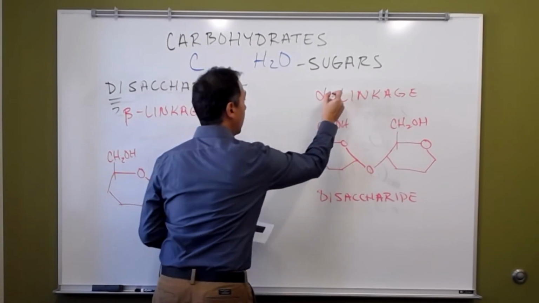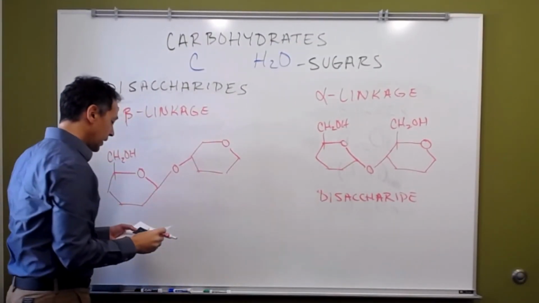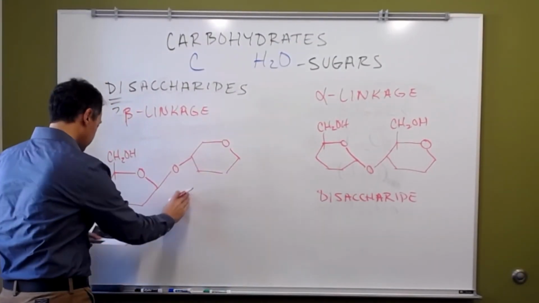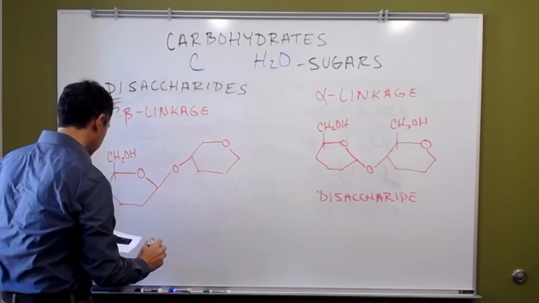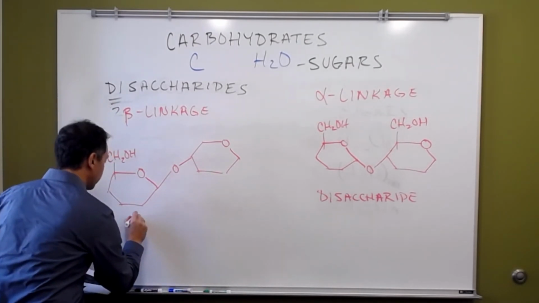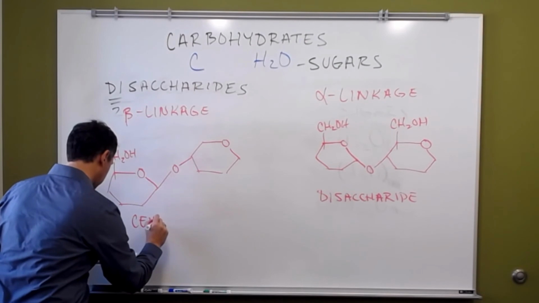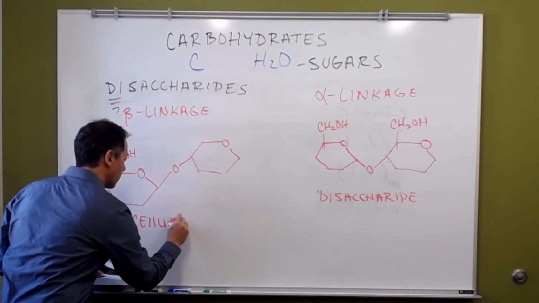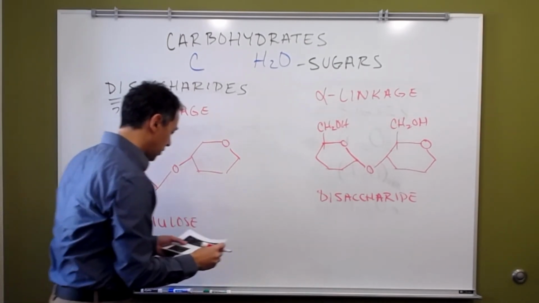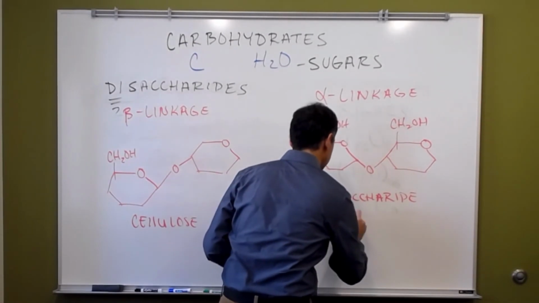Alpha and beta. And examples of this: this beta linkage would be like cellulose. And over here it might be starch.